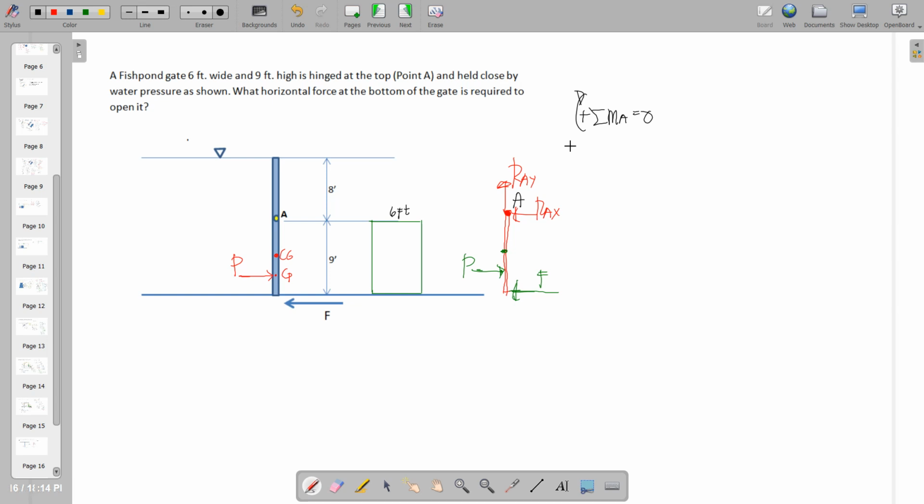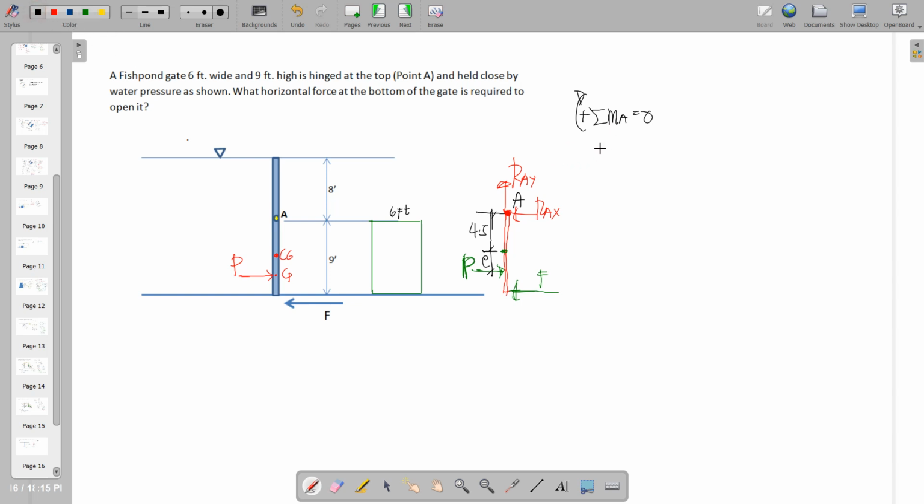Therefore, we will be needing distances in relation to the moment arm of this P up to point A. That P up to point A is obviously half of your 9 plus E, that is 4.5 plus the computed E. So what we need here is the value of P and the value of E before we can proceed to take moments at point A.